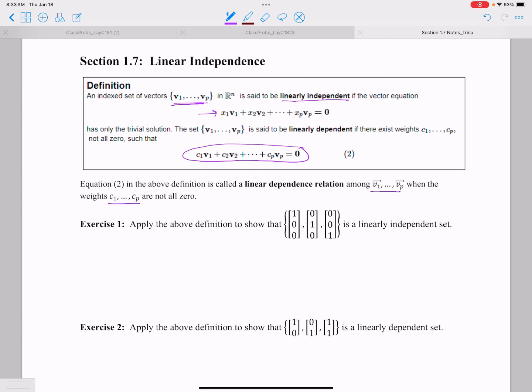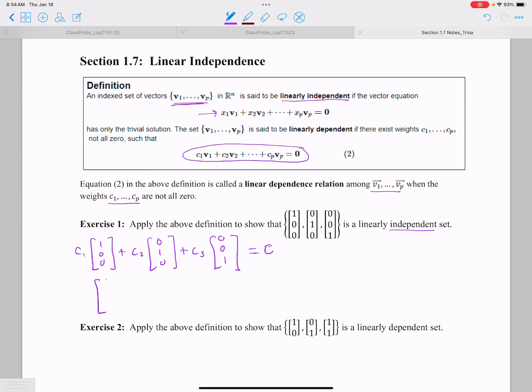not all 0. Exercise 1 asks us to apply the definition above to show that these three vectors, (1, 0, 0), (0, 1, 0), and (0, 0, 1), is a linearly independent set. So it is linearly independent if there are weights, I'm going to call them C1, C2, C3, and if C1, C2, C3 are all 0, then it's linearly independent.